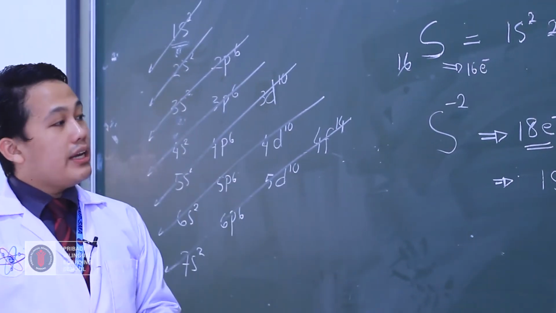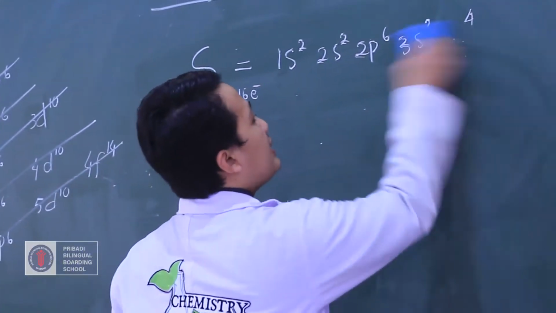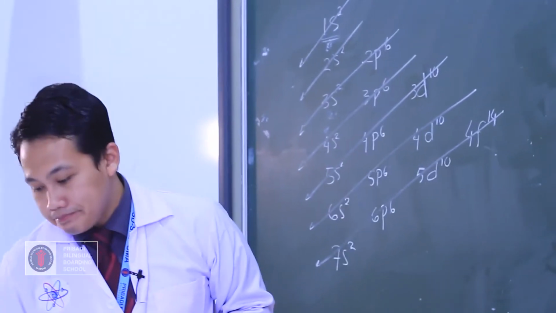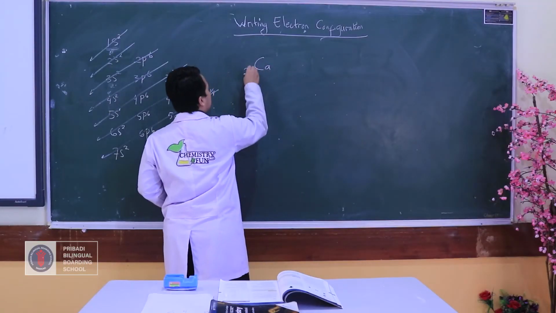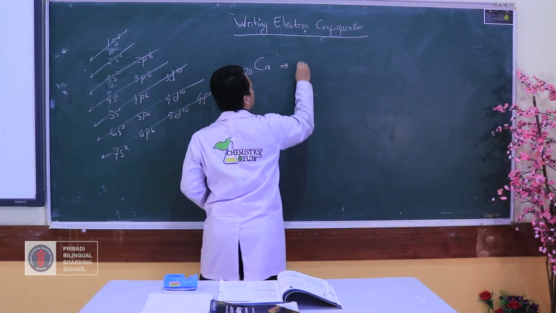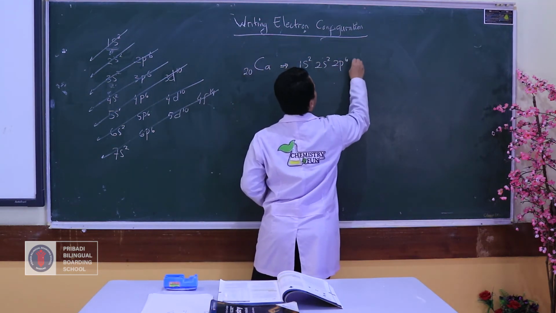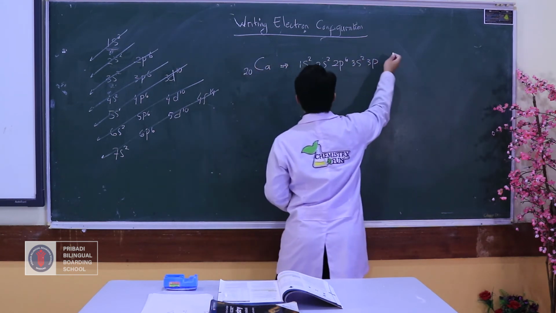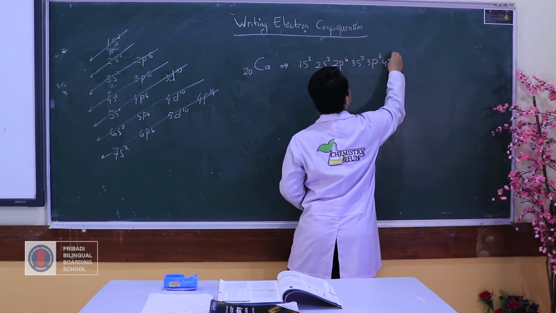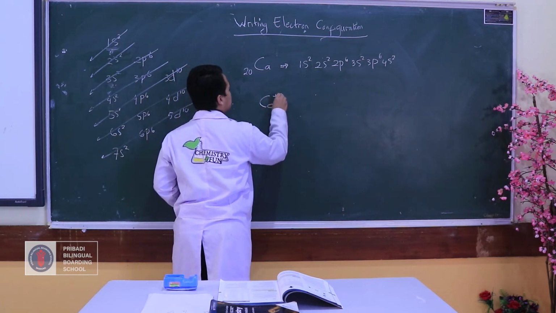Okay, so what about if it is a cation? Let me give you another example. Here we have calcium, let's say. We already wrote calcium 20: 1s2, 2s2, 2p6, 3s2, 3p6, and then 4s2. Okay, what about if we have Ca plus 2?